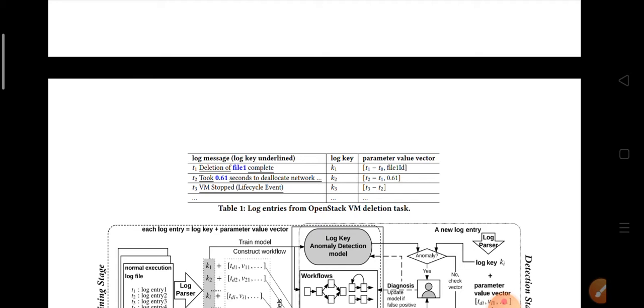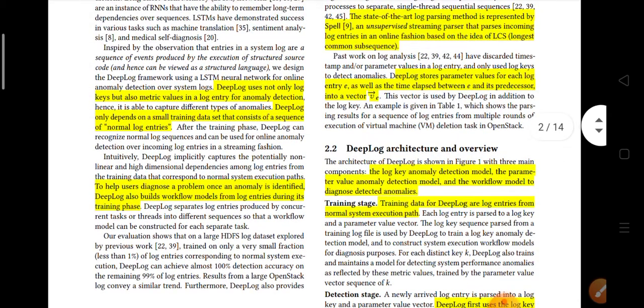That is the representation of the K2 log key, and 0.61 is the parameter along with the time. The same applies to the next one. So this type of unstructured log data we need to represent as structured data, like a table, with log key and parameter value. That is the first step.